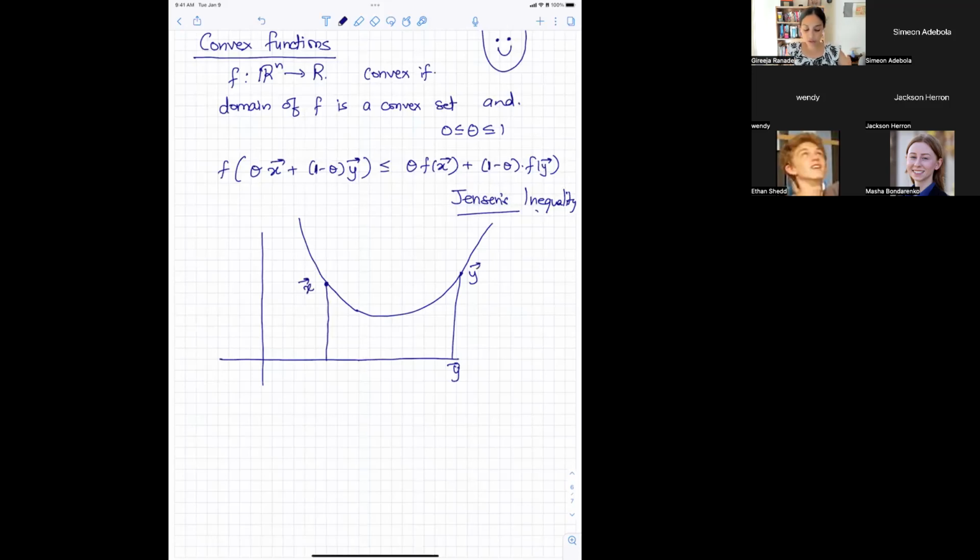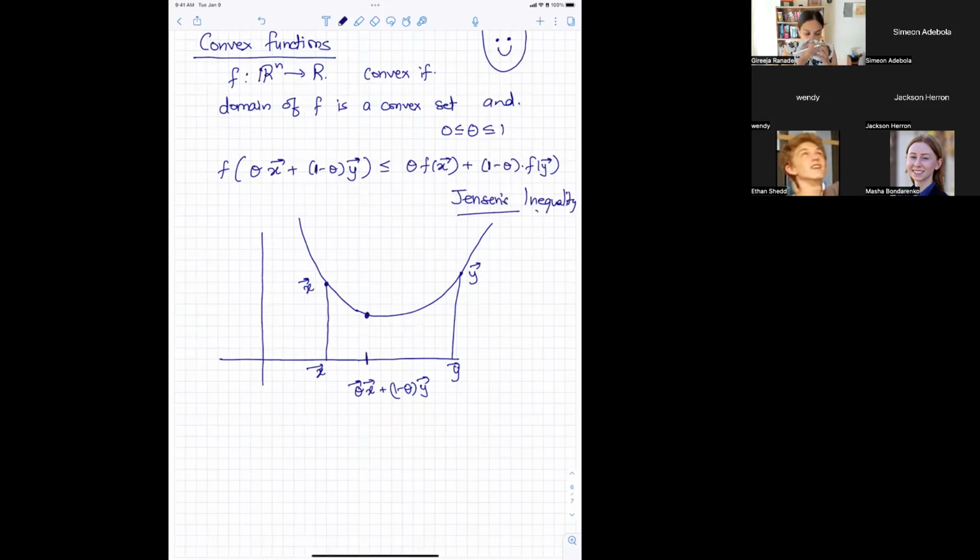And then I want to look at, first, the function value at the weighted sum of these points. So this vector, theta times x plus 1 minus theta times y, is going to be somewhere here. And so the function evaluated at that point is going to be somewhere here.